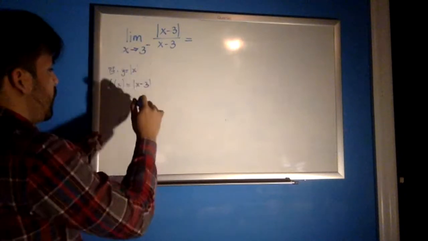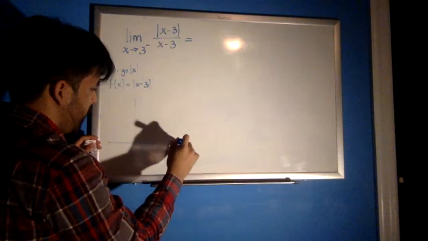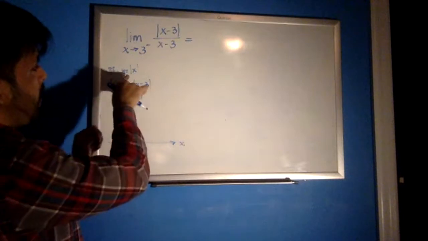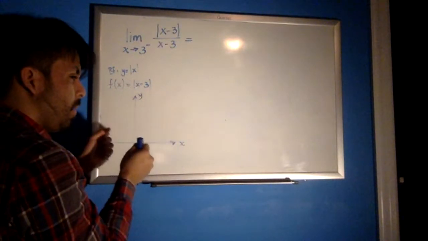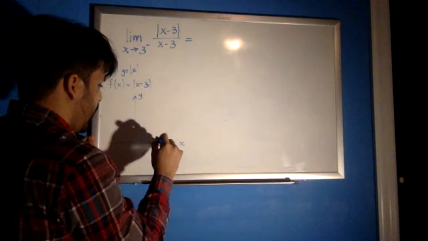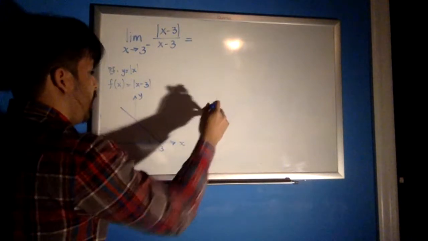So let me draw this again. The only difference is that the parent function is the same, absolute value of x, and x minus 3 means I am shifting the parent function to the right by 3. So 1, 2, 3, okay? I have the same thing here, these two branches.